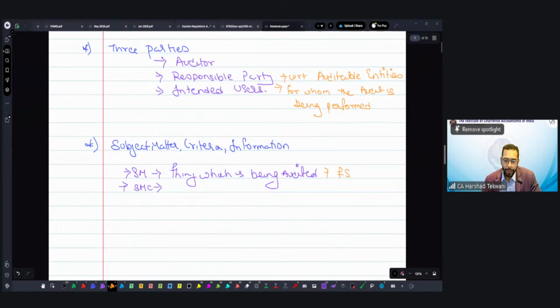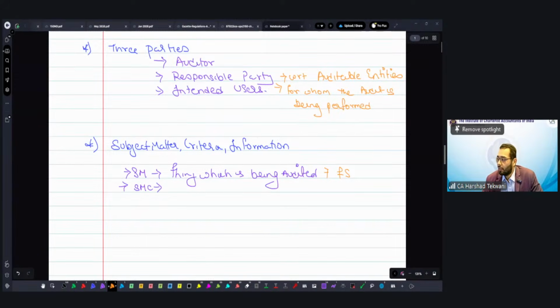Okay. So basically, when I talk about subject matter criteria, it is the criteria against which you evaluate the subject matter. That means, for example, my financial statement is there. Against what am I going to evaluate the financial statement? What is the benchmark here for my financial statement?